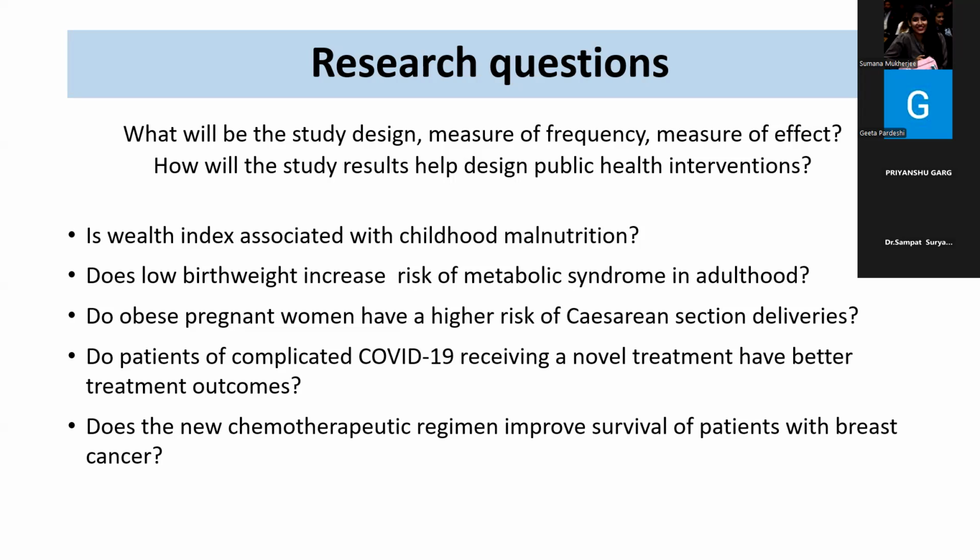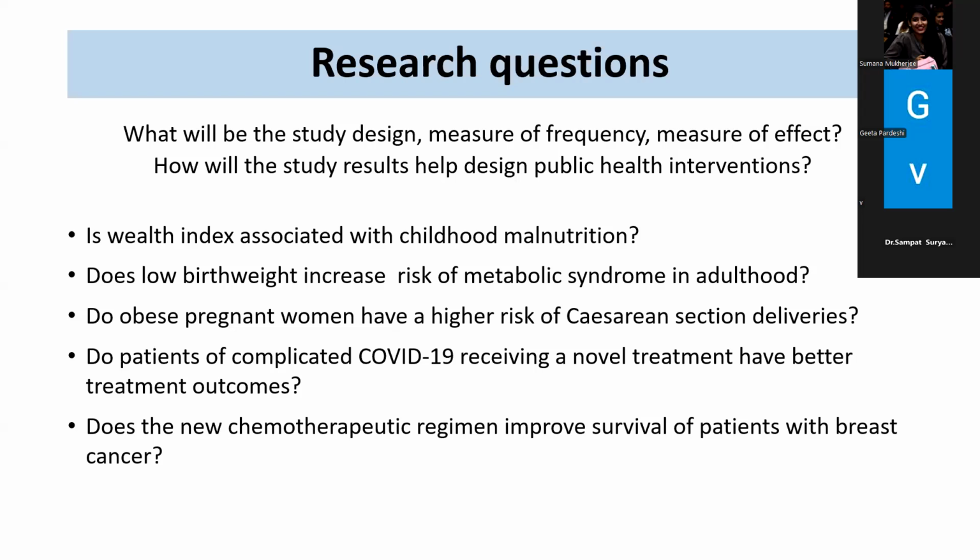Now, the third question is, do patients of complicated COVID-19 receiving a novel treatment have better treatment outcomes? So what would be the study design for this particular research, ideal design? The interventional study. Yes.